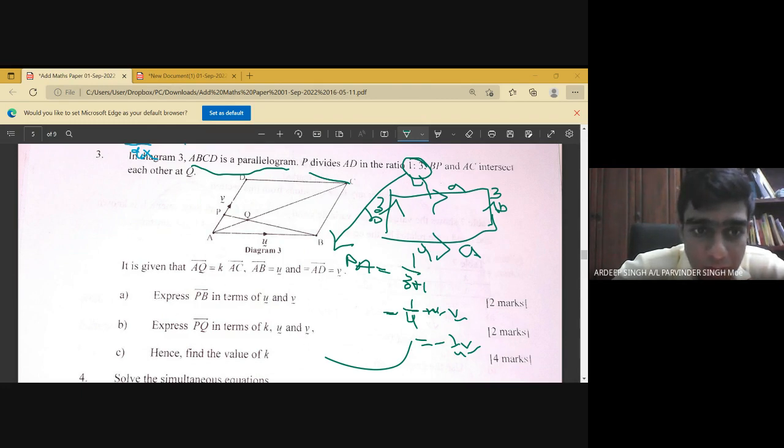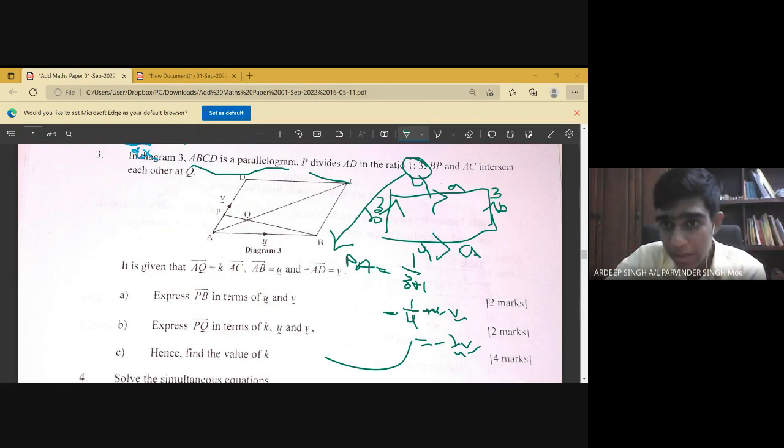Like just now, from here, K times AB plus BC. Why? Because AQ, as they show in the question, says AQ is KAC, correct? So I form an equation like that. After that, I put it inside here and I get negative 1/4 V plus KU plus KV. That's the answer.